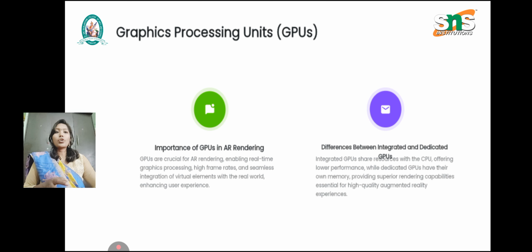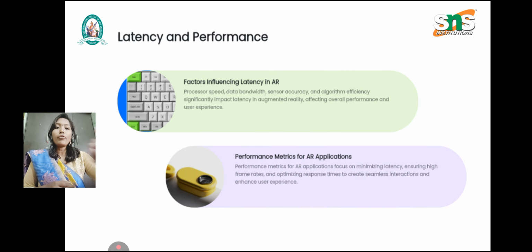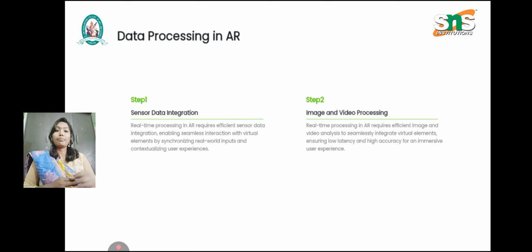Next we are going to see the GPU in real time processing. In real time processing, these factors influence the latency and performance metrics of AR by using chips that deliver performance and manage battery life and thermals, such as the Qualcomm Snapdragon XR2 platform.